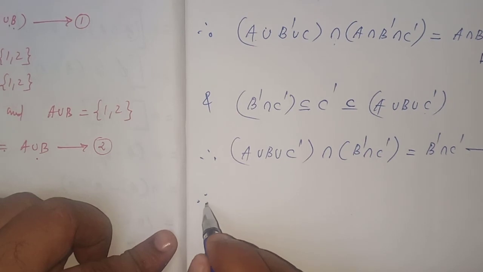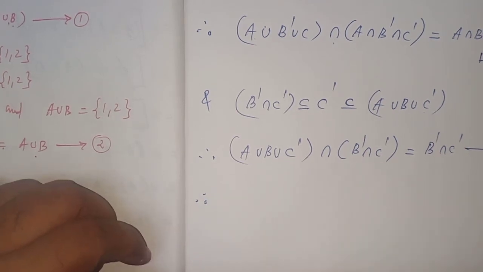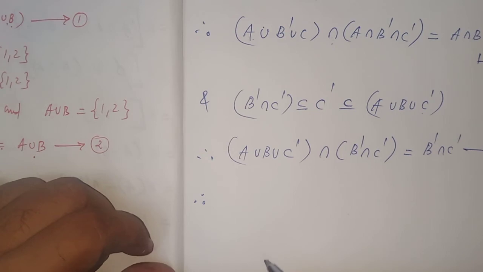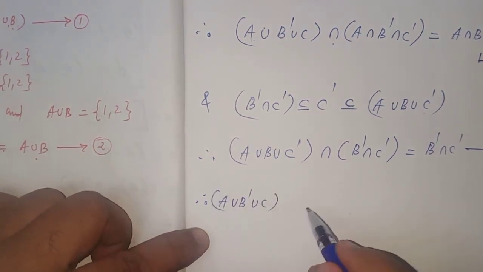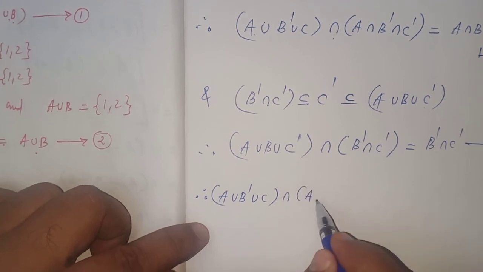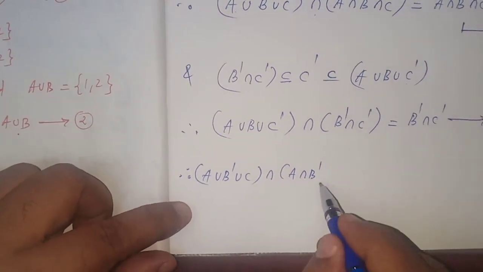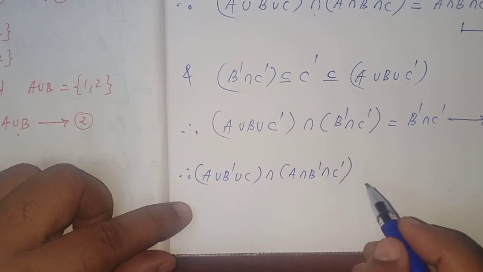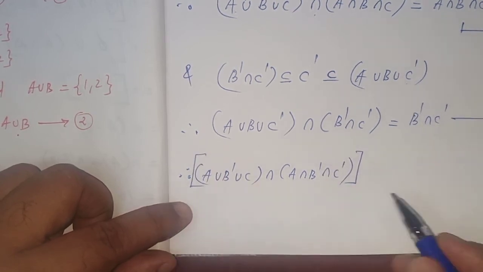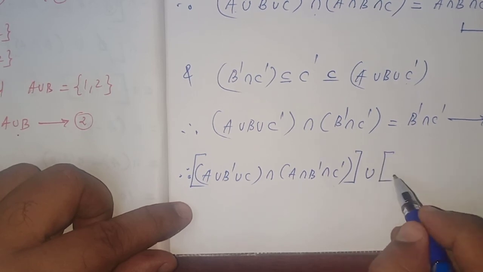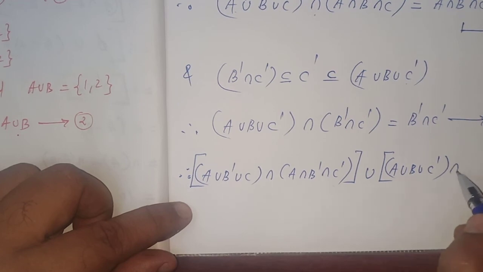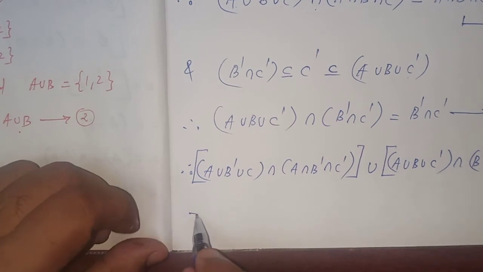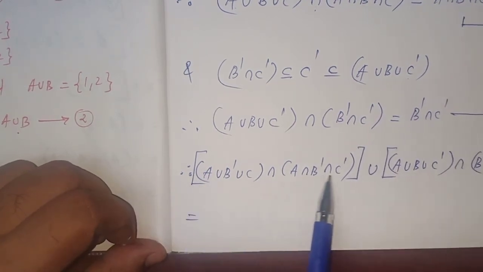Therefore, we can take up the question now. The question is A union B dash union C intersection A intersection B dash intersection C dash, union, A union B union C dash intersection B dash intersection C dash, that is equal to this result.